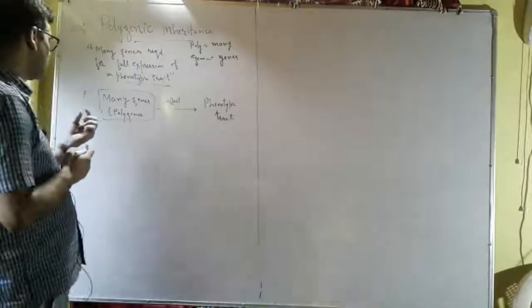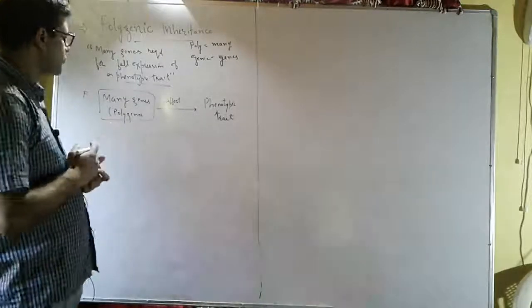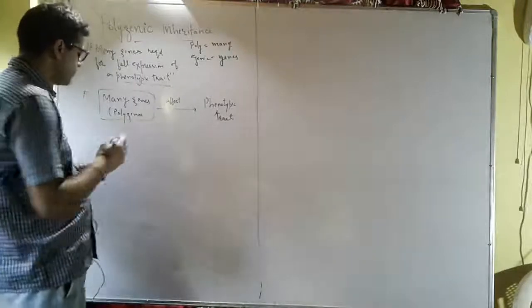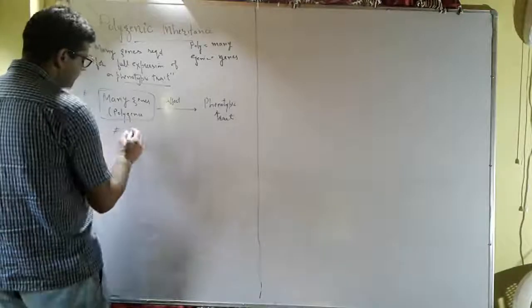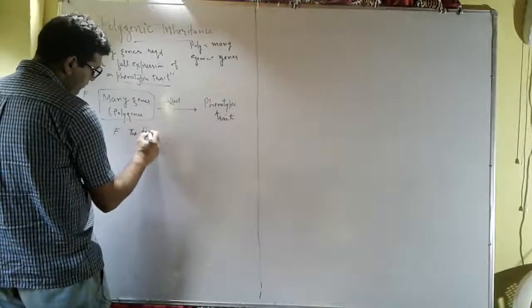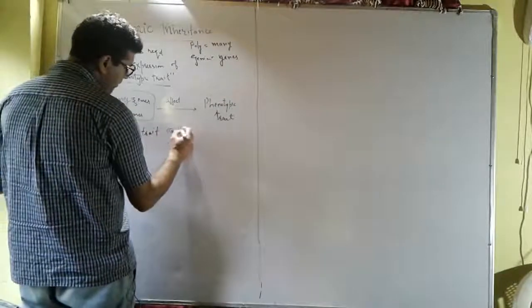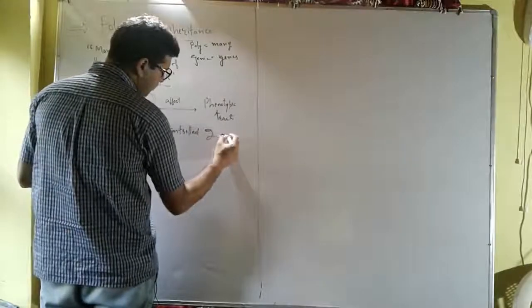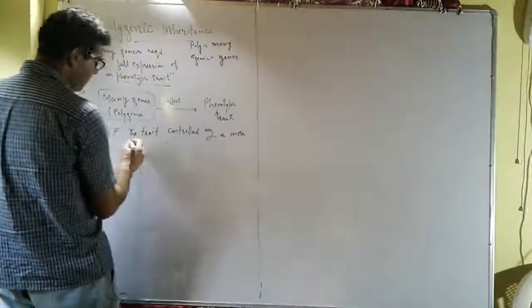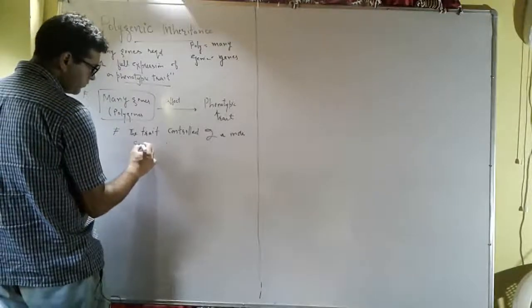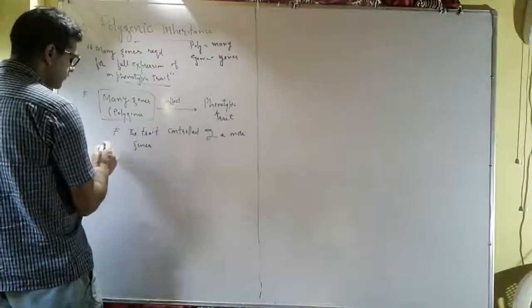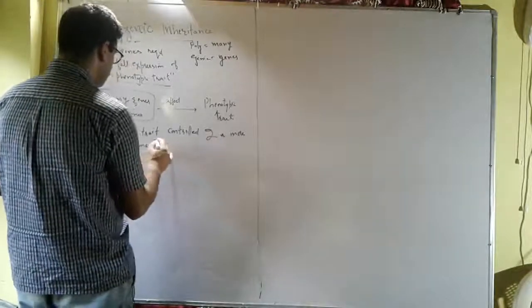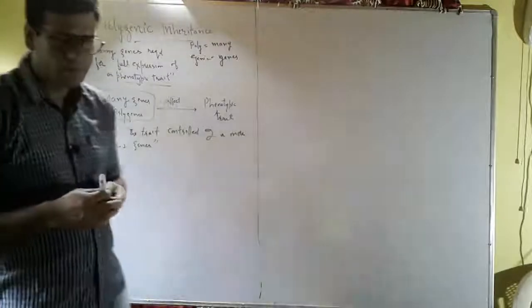So a character which is controlled by two or more genes is what is called polygenic inheritance. The trait is controlled by two or more than two genes. This is the case of polygenic inheritance.